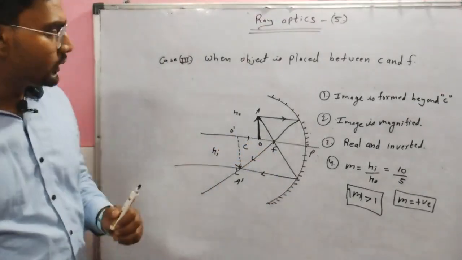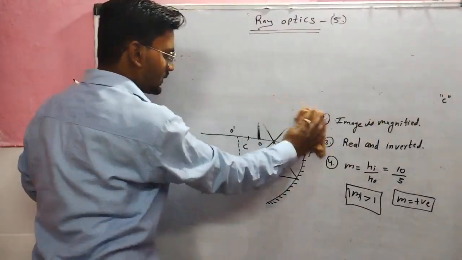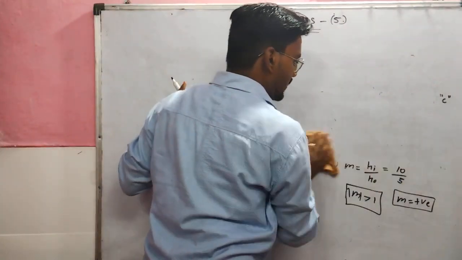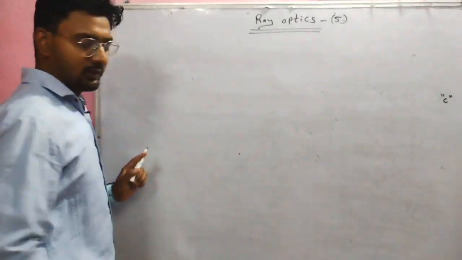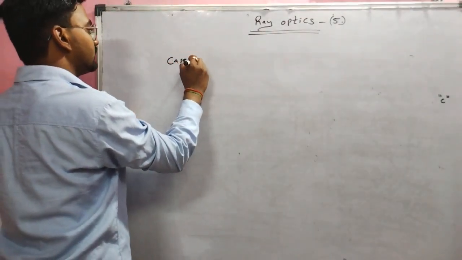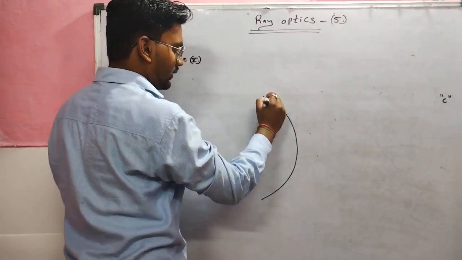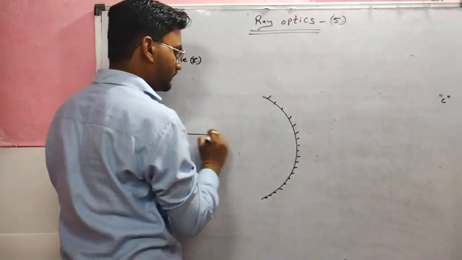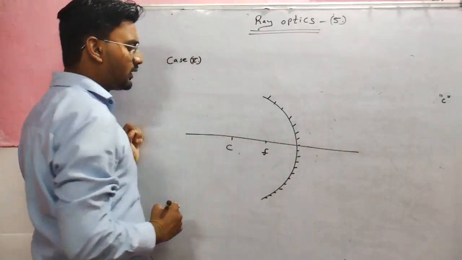Now we are going to take the next case, when the object is placed at F, our case fifth. This is our concave mirror, this is our focus, and this is our center of curvature.